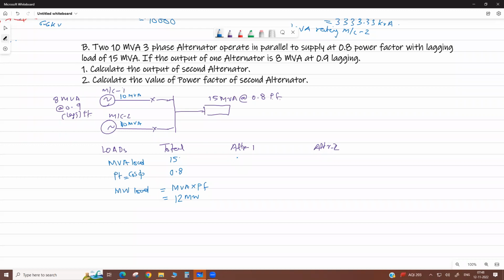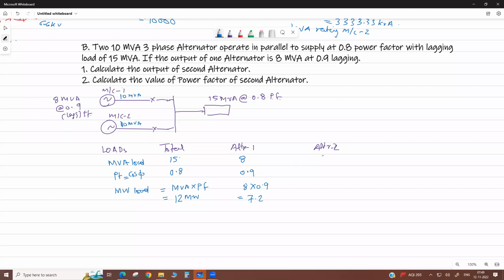Now machine 1 is 8 with power factor 0.9. Then the megawatt load is 8 into 0.9, so here 7.2 megawatt. Very good.